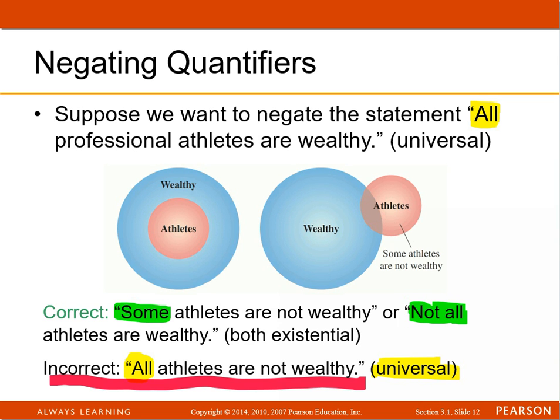But if you pull it away so they look like two intersecting circles, now you're saying that not all athletes are wealthy. Some of them are right here where the two circles intersect, but if you're over here in the light pink, that is where some athletes are not wealthy. That's the some part.